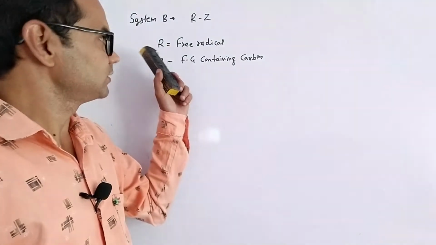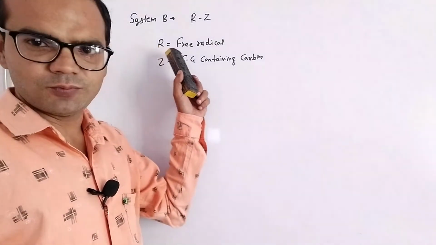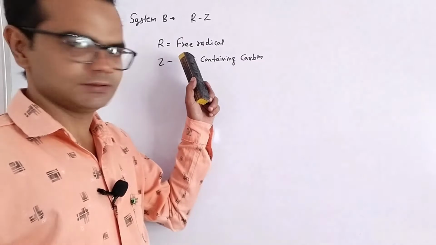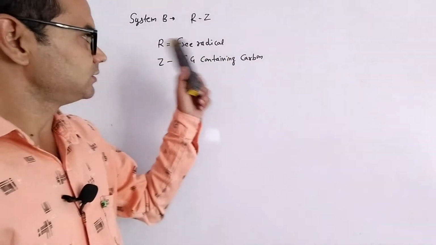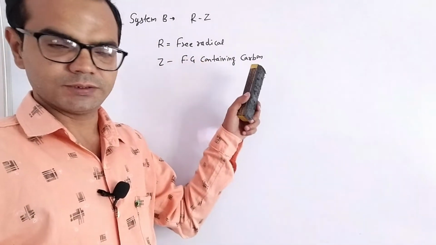Prefix is given to the R group according to the number of carbons present in a chain, and a chain must include the carbon of the functional group also.